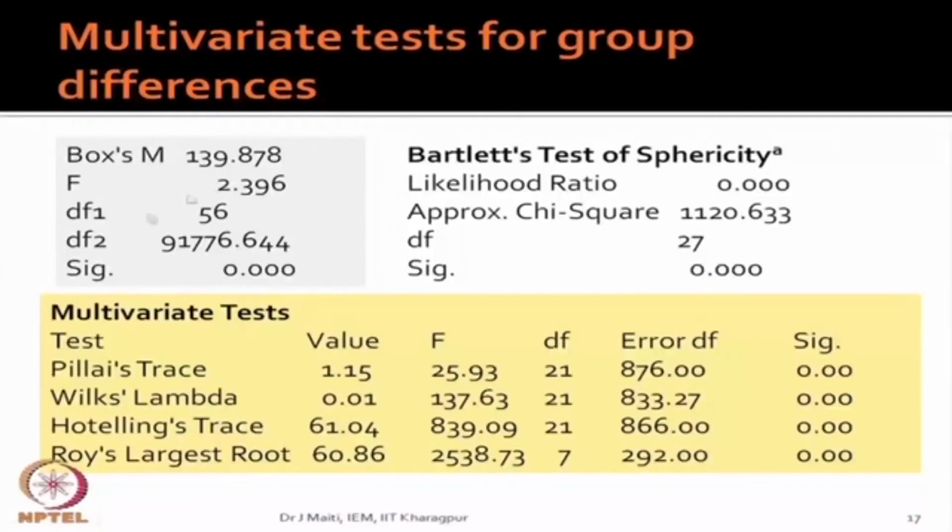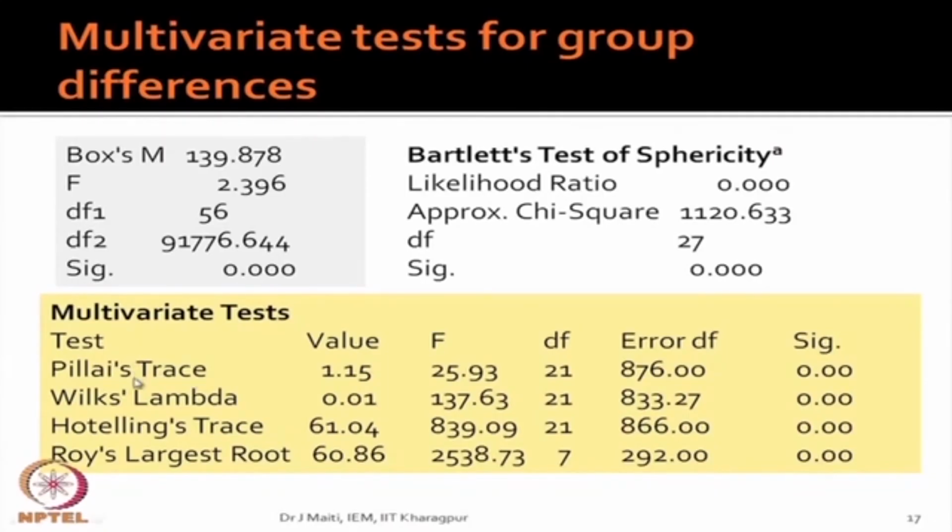Then, using this MANOVA, how did I get these values? I have used SPSS. You can use SPSS, SAS, Minitab, Statistica, there are many software packages, or you can simply use MATLAB and develop a program.